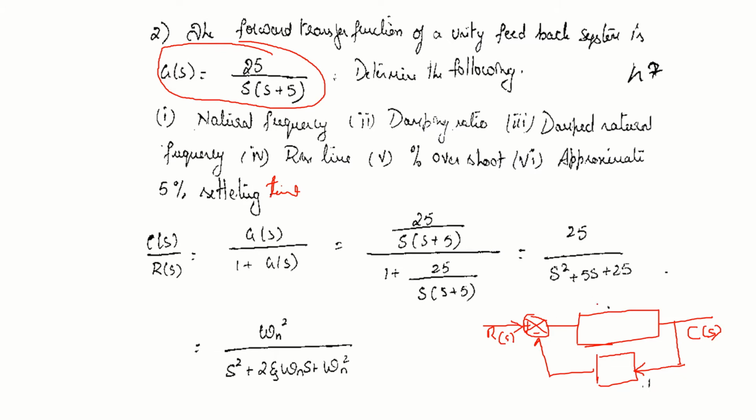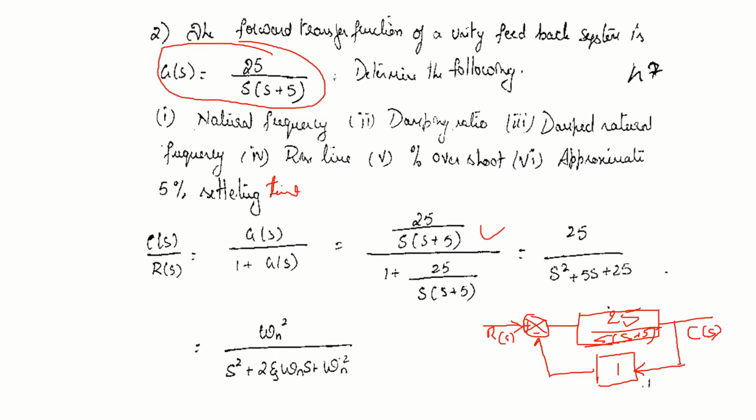The problem states G(s) is 25 divided by s into (s plus 5). So it's unity feedback, so H(s) is 1. So you will get C(s) by R(s) equal to G(s) divided by 1 plus G(s). Done this.